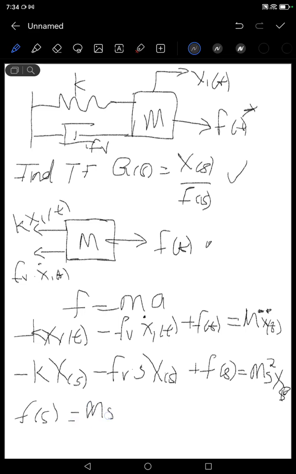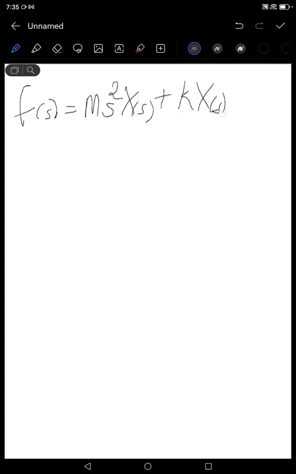So we have F of s is equal to m s squared X of s, plus K X of s, plus Fv s multiplied by X of s, like this.